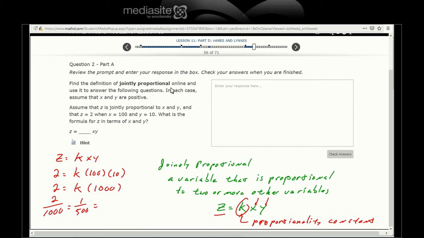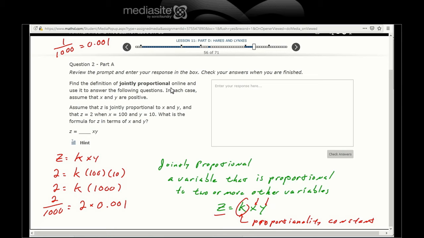Or, better yet, what we learned in the previous section. 2 over 1,000 means 2 times 0.001. Remember, 1 over 1,000 is 1,000ths.